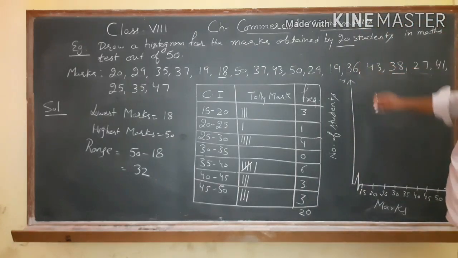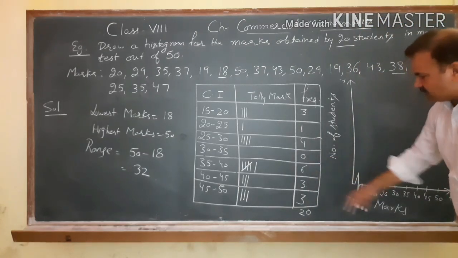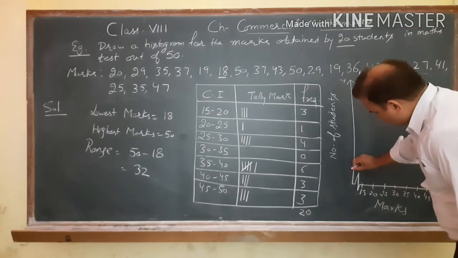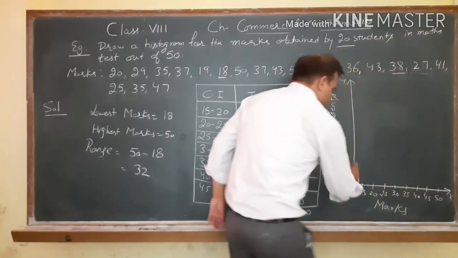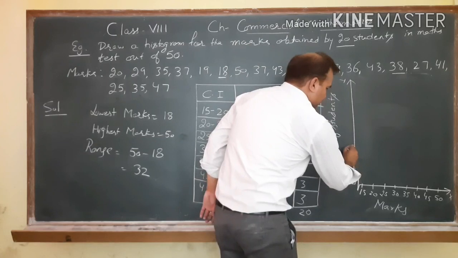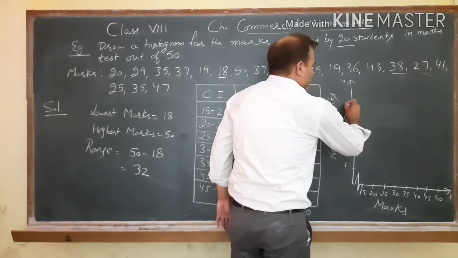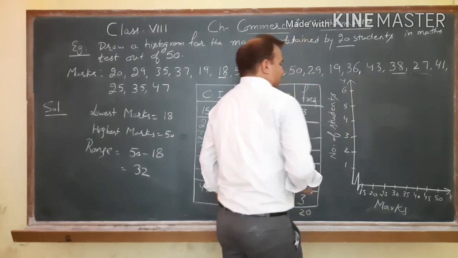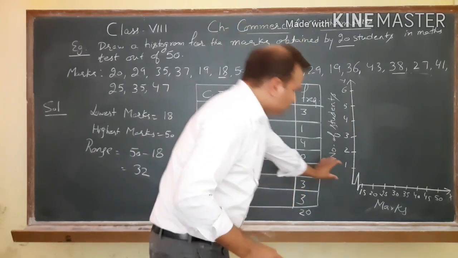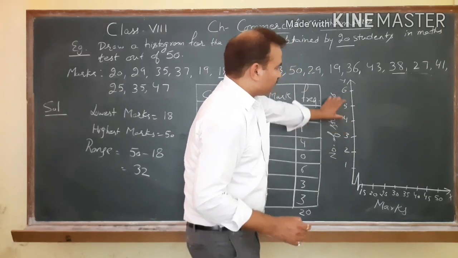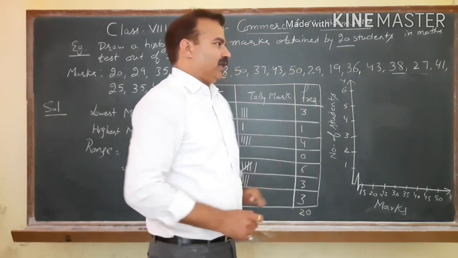We are making this at a regular interval. Now on the y-axis we'll write the number of students. As the highest value is 6, we'll write here this is 1, this is 2, this is 3, 4, 5 and 6. These are also marked at equal intervals.